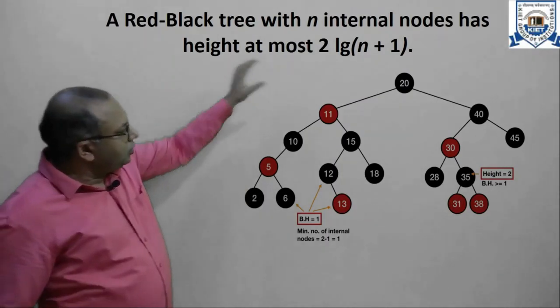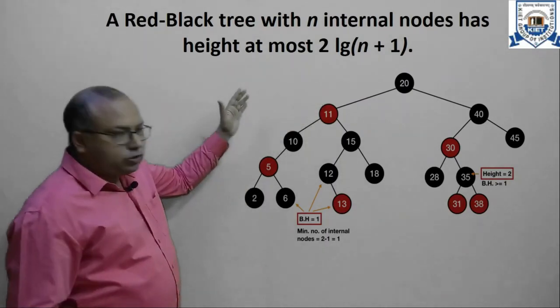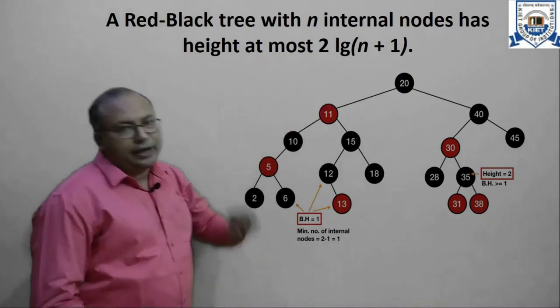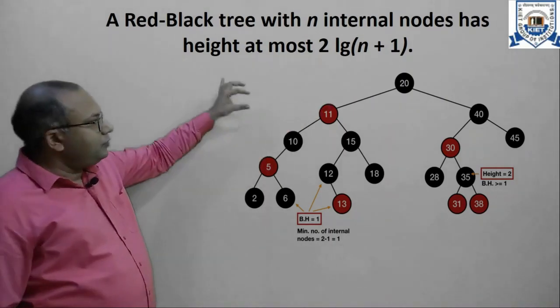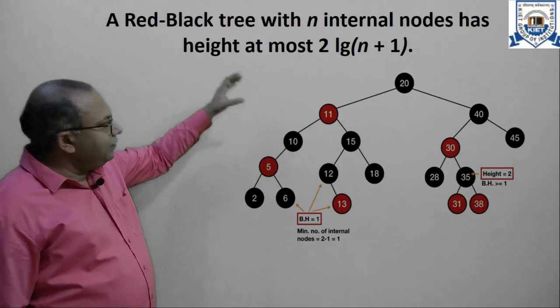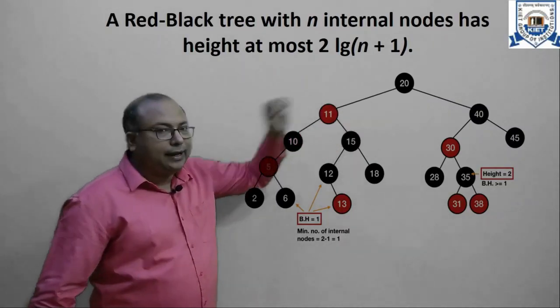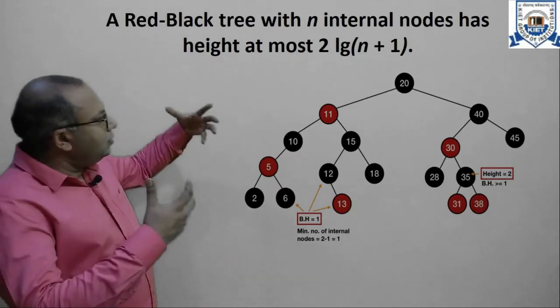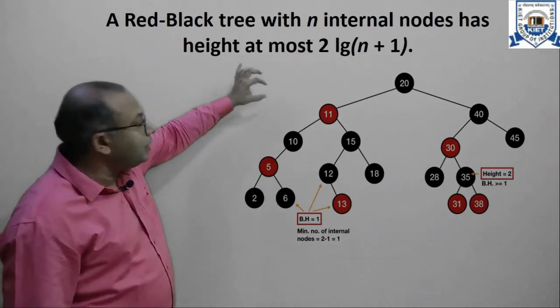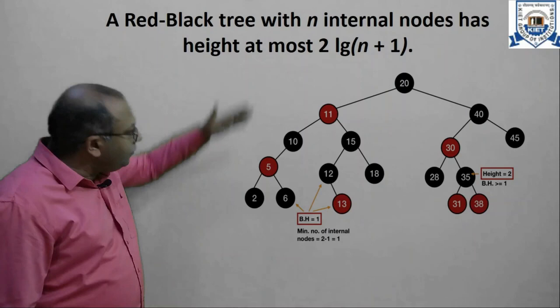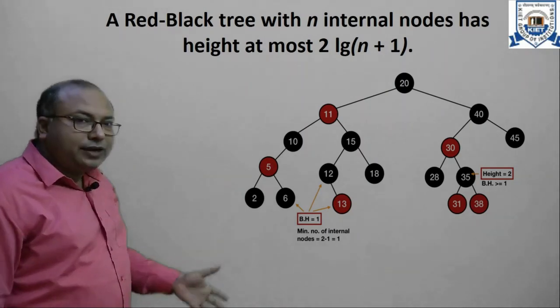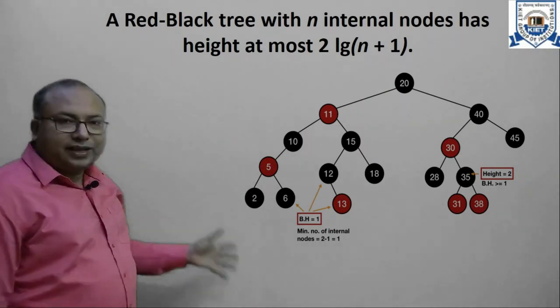And this root node has 2 children, one on the left-hand side and one on the right-hand side. The left child has the red color and the right child has the black color. Now what is the black height of this red child? If you calculate it, you will find it is 3.